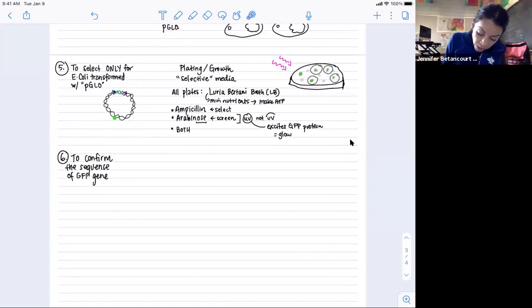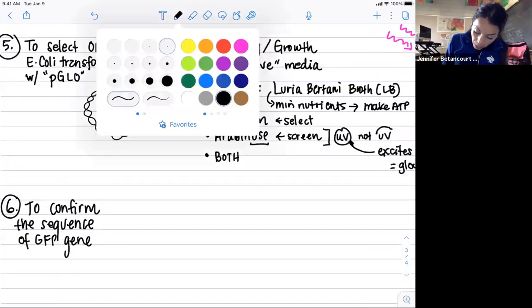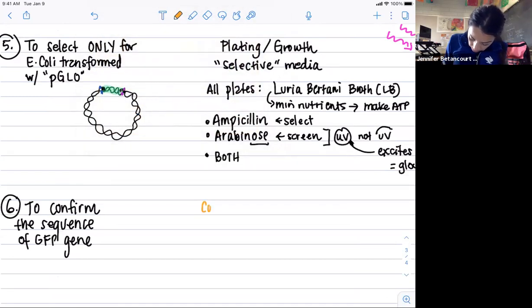So there's certain genes on this PBAD backbone, but it also has the GFP gene. And so you want to make sure that that thing I just highlighted, that sequence hasn't changed. So in order to do that, you're going to do a colony PCR, right? So that's one of the things of PCR. You can confirm, this is kind of like a genotype. You're confirming whether or not the gene is there, yes or no.